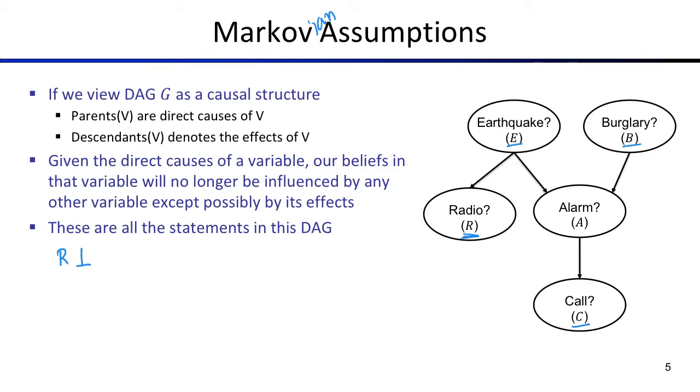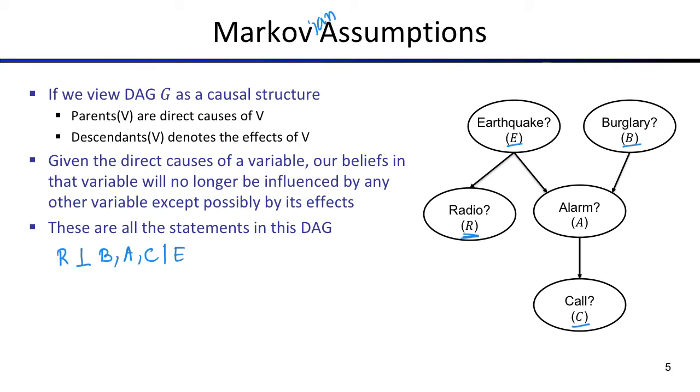It's the only parent. So burglary is not a descendant, and it's also not a parent. And that also happens to A and C, given its parent. So R is independent of all non-descendants, given its parent.